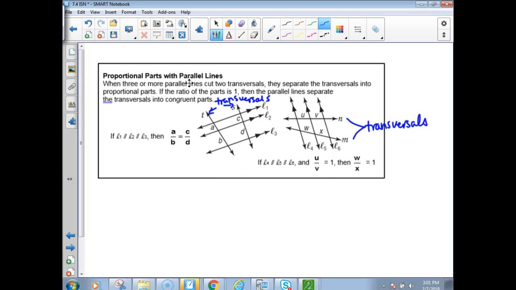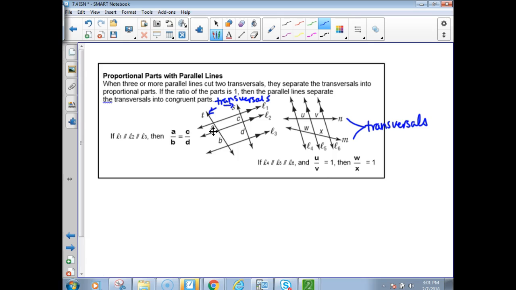What the proportional parts with parallel lines theorem says is, when 3 or more parallel lines cut 2 transversals, they separate the transversals into proportional parts. If the ratio of the parts happens to be 1, then the parallel lines separate the transversals into congruent parts.